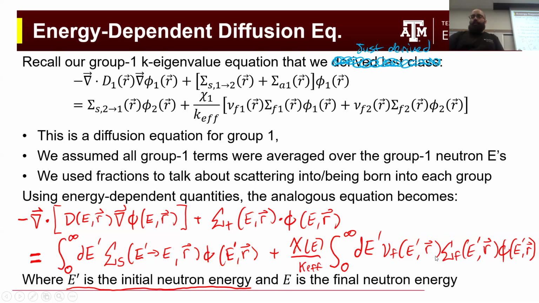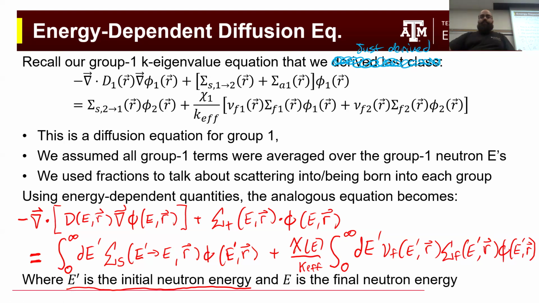And then I could also have fission reactions from neutrons of all energies that add into the energy group E that we're keeping track of.